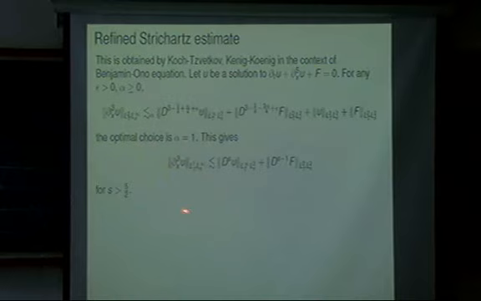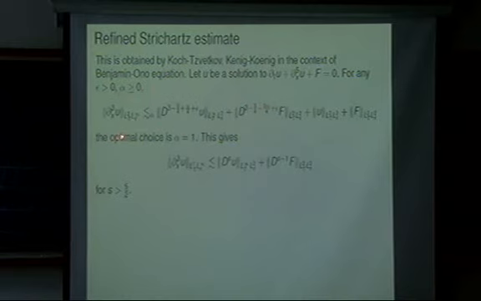Intuitively, it is known that if we look at only a small time interval, then we can weaken the low and high frequency interaction. That argument was already introduced for other equations, like the Benjamin equation, originally by Koch and Tzvetkov. They have shown such an estimate.